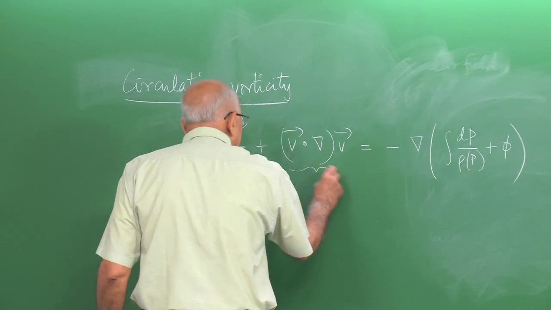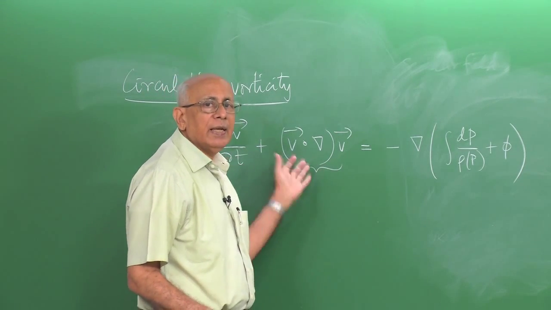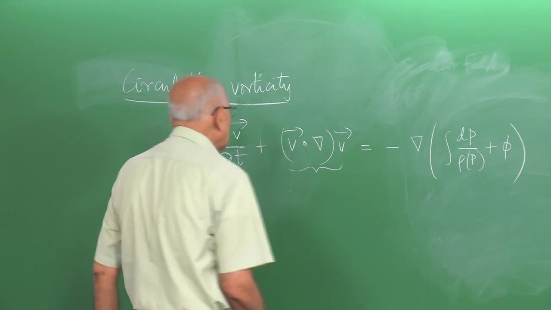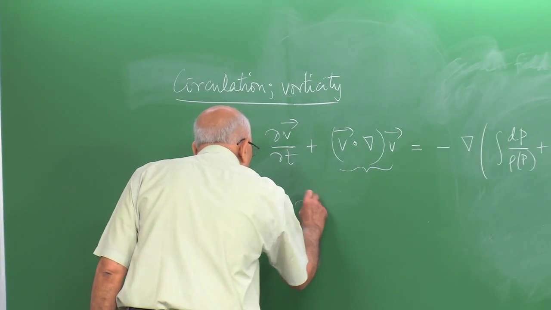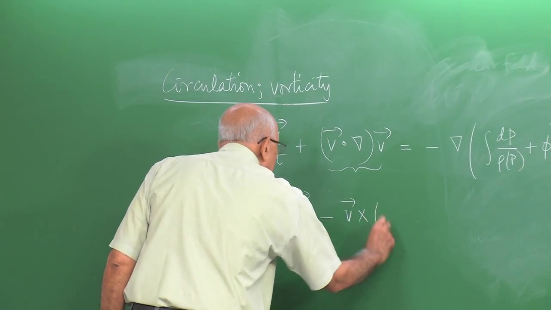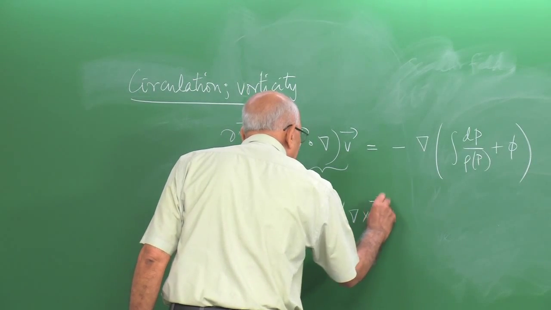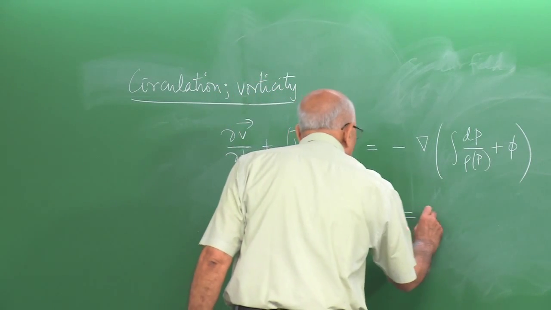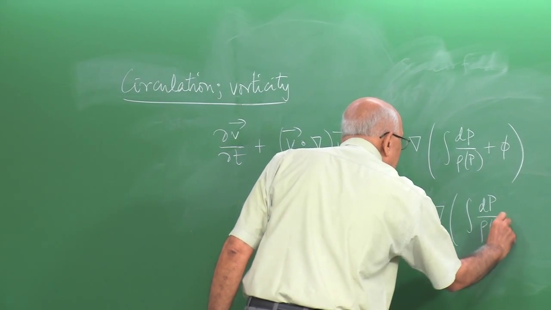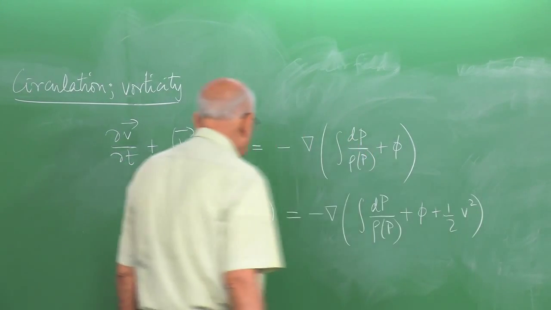This quantity, when we took the dot product with V, we discovered it was essentially the gradient of half V squared. But now, without taking the dot product, we can simplify this alone, and it turns out that this can also be written as this minus V cross the curl of V, that is del cross V. So that is equal to minus the gradient of integral dP over rho of P plus phi plus 1/2 V squared.